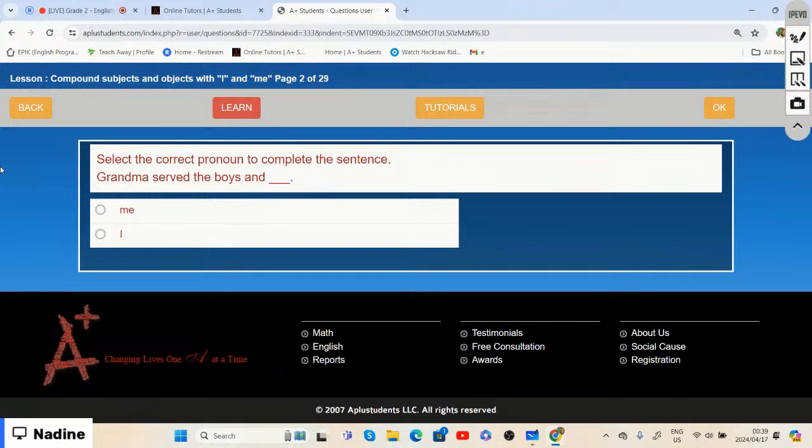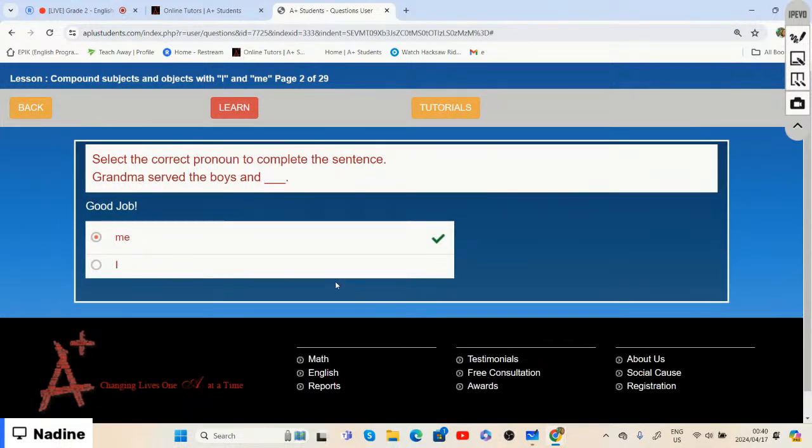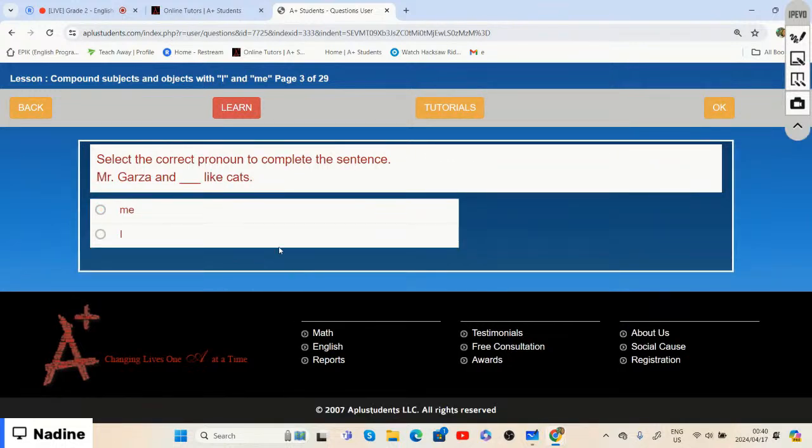All right, and if we were to select the correct pronoun, then we can say grandma served the boys and me, right? Me is correct. So well done. If you said me, then me is correct.